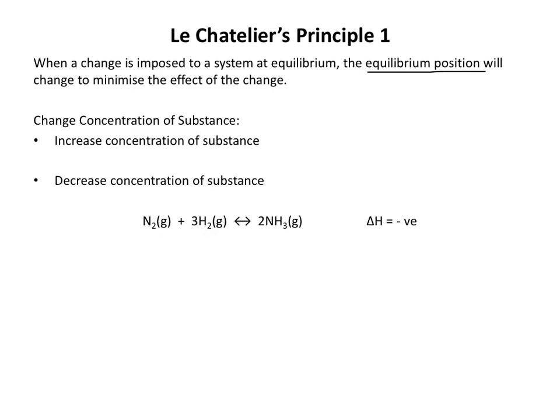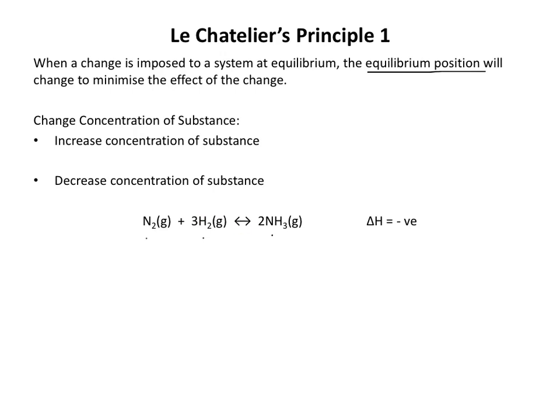So, let's imagine we change the concentration of a substance. We've mixed nitrogen with hydrogen to make ammonia, and we've allowed equilibrium to be established. Let's then say we add some hydrogen to this equilibrium system.